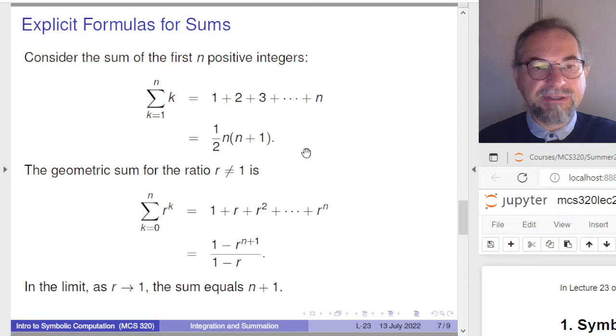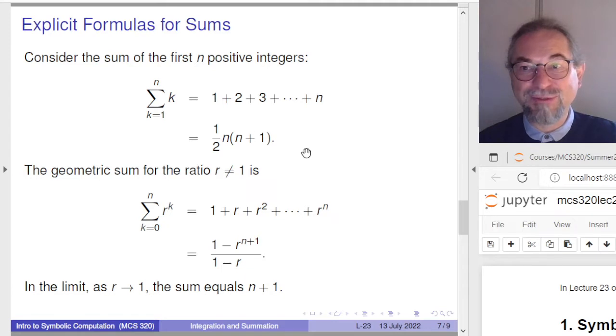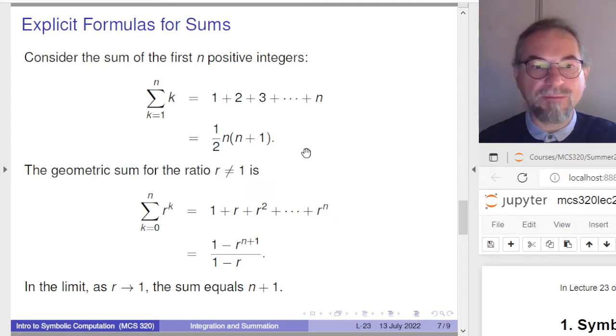Another case is the geometric sum. So we are summing powers of some ratio. If the ratio is 1, then you actually have n plus 1. So assume now that the ratio is a little bit more interesting than 1. So also here you are essentially evaluating a polynomial with constant terms.